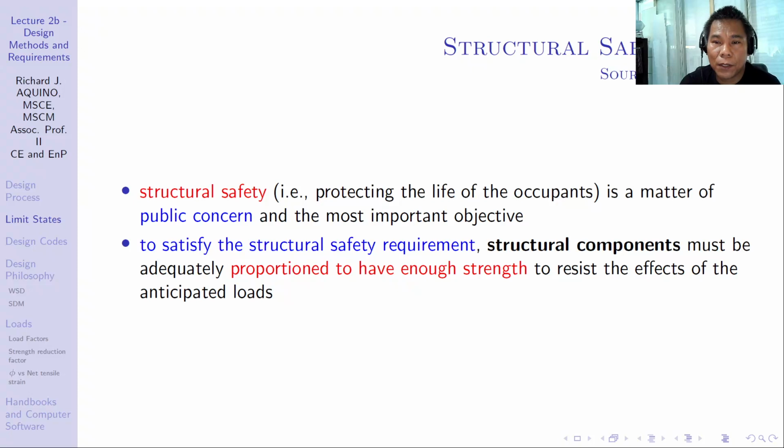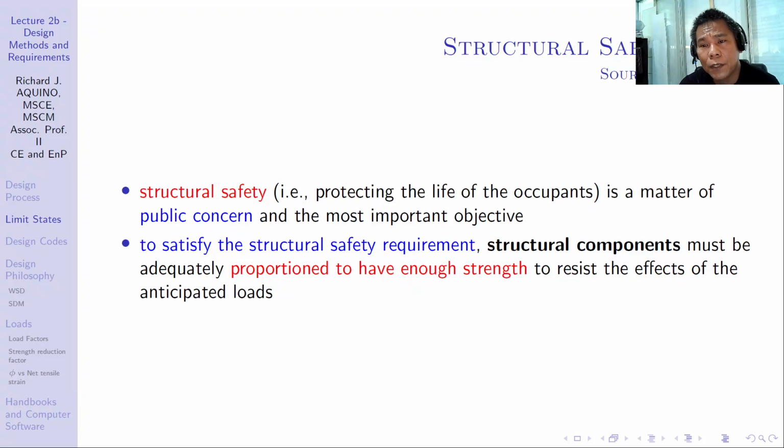Also, we have structural safety. This is very important. Structural safety is a matter of public concern and the most important objective. And also, we have to satisfy the structural safety requirement. Structural components must be adequately proportioned to have enough strength to resist the effects of the anticipated loads.